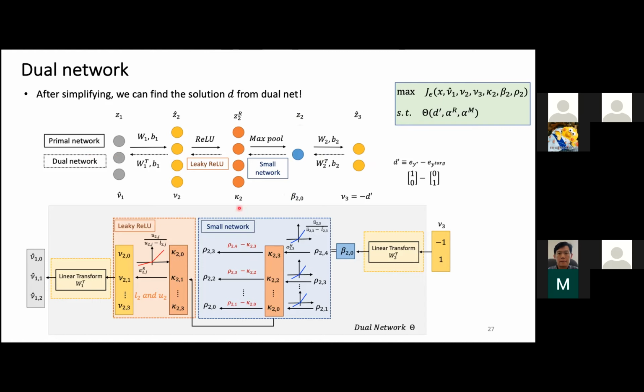And we can use this similar idea to get a dual network. We call it a dual network because these are all dual variables in the dual domain, and it looks like a network. We can also use a similar idea to find the dual network for the CNN.